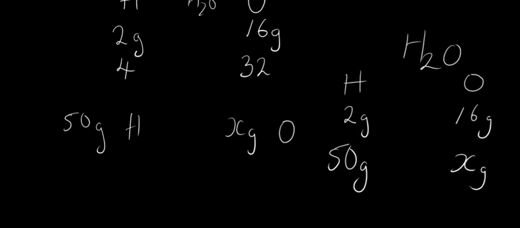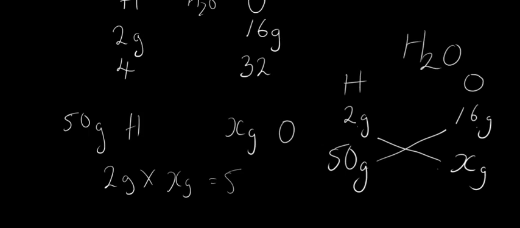It's simple. If 2 grams gives you 16 grams, 50 grams will give you how many? You cross multiply. Then you have 2 grams multiplied by x grams, which is equal to 50 grams multiplied by 16 grams.